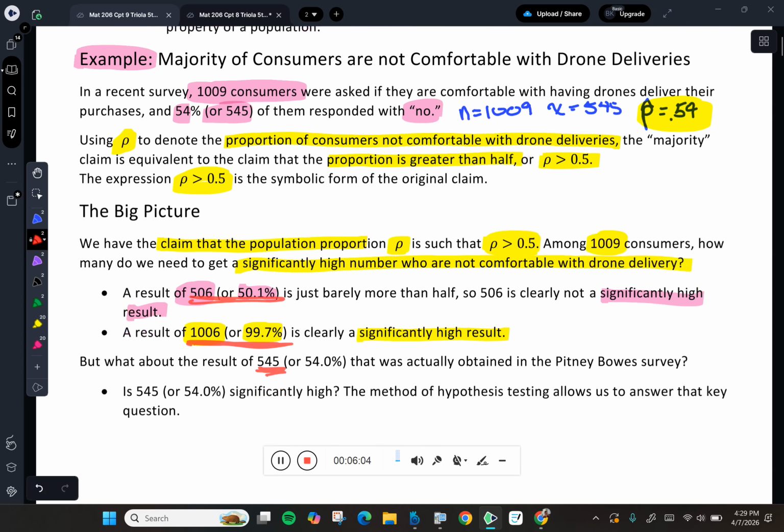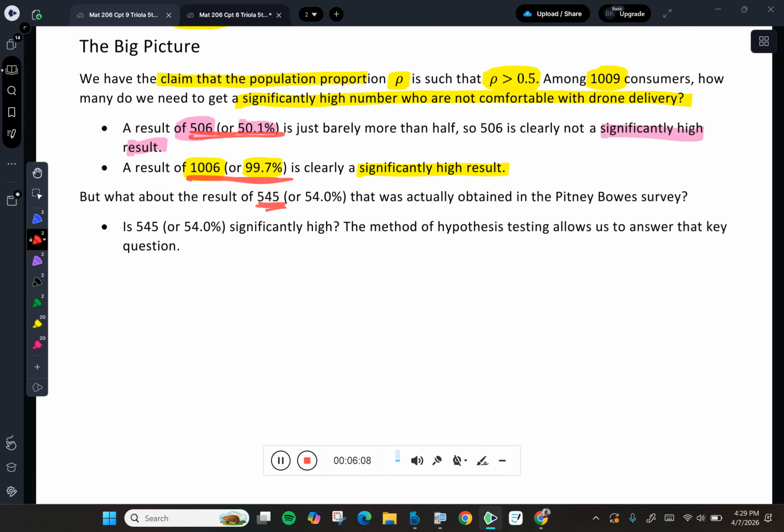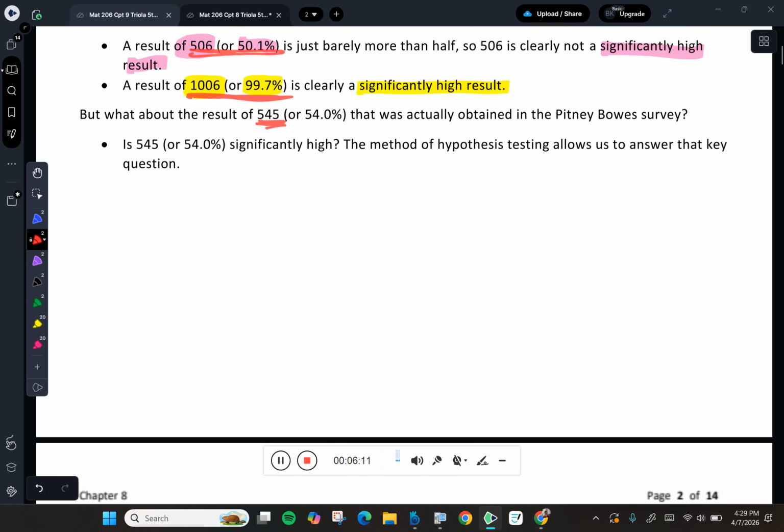Is that significant? And so what we're going to do is use something called a hypothesis test to determine that. Here's basically what's going to happen as a picture. Someone is going to make a claim about a population proportion or a population mean. They're going to make a claim that the value is this number right here.